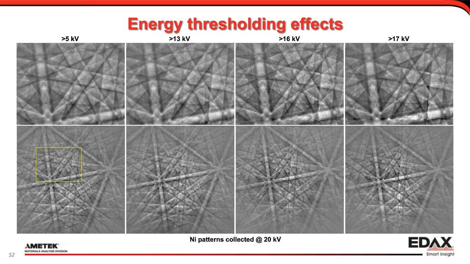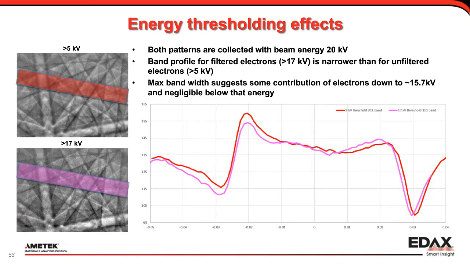And when I zoom into one of the bands, so I just take this one, the red line is collected at the band that allows all the electrons to come in. The pinkish one allows everything that has more than 70 kV as detected landing energy on the chip. And if you look at the profile between those bands, they are virtually identical.